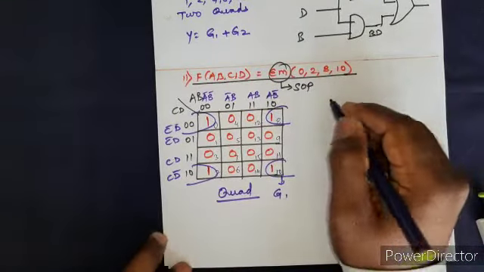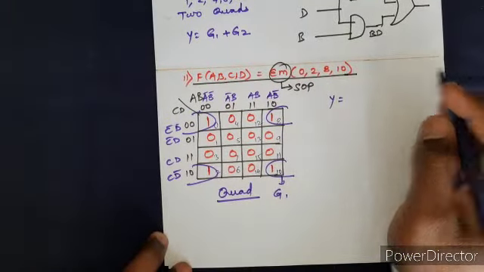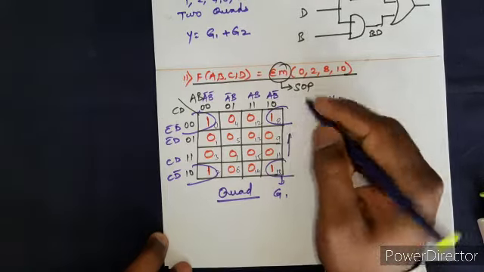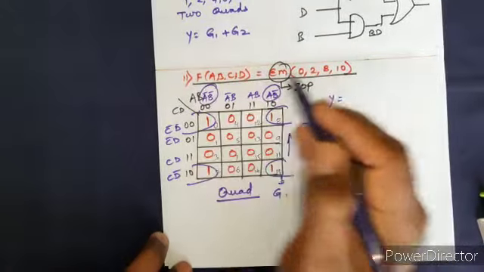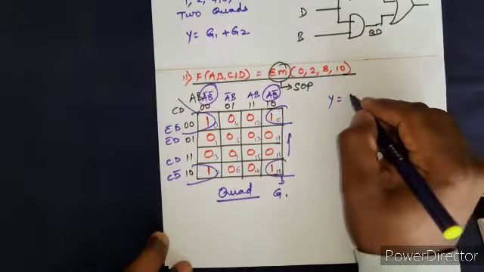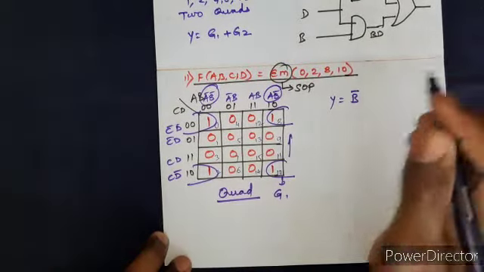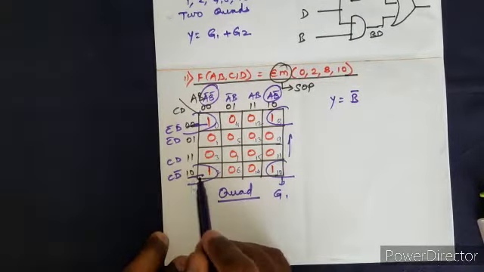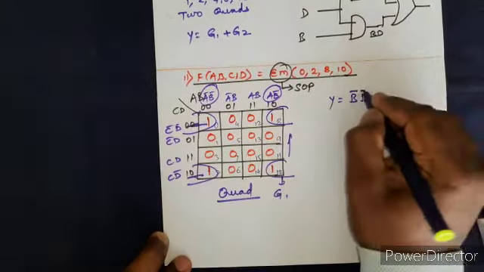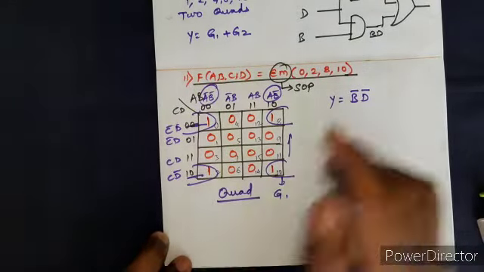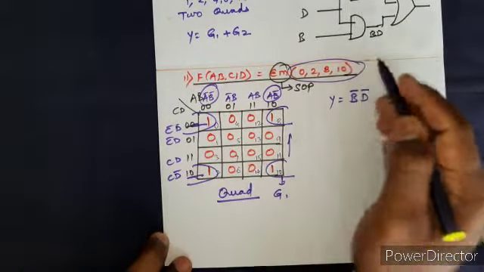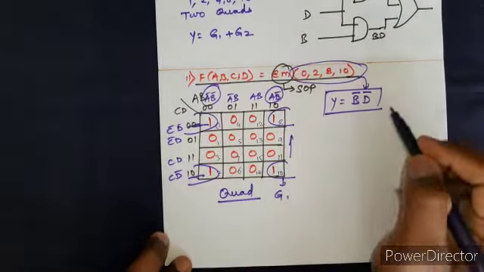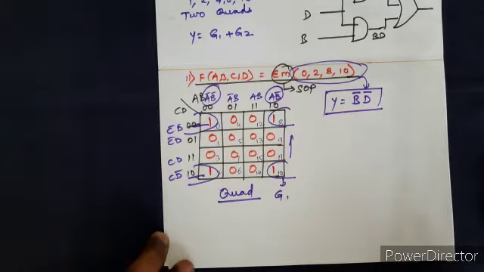Now since we have only one group, this becomes Y equal to, if you go vertically, then it is associated with these two variables where B bar is constant, right? And then if you go horizontally, here you can see D bar is constant. Okay, so for this expression, the final reduced expression is Y equal to B bar D bar, right?